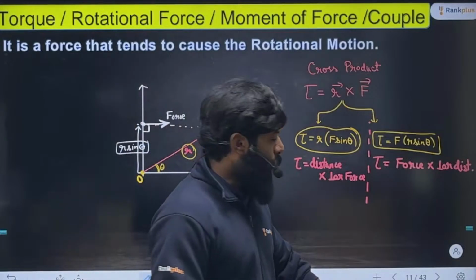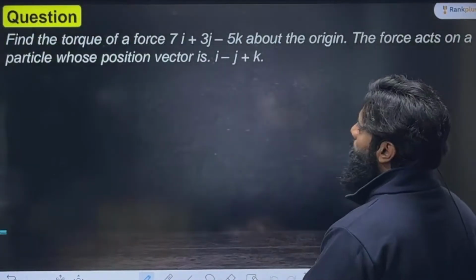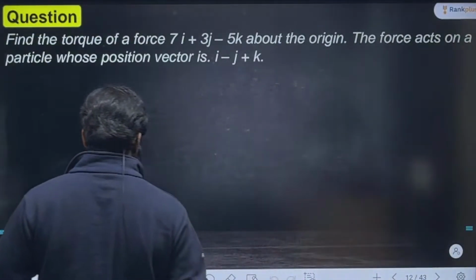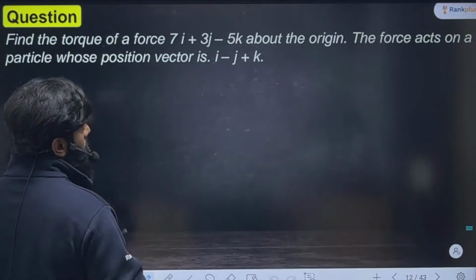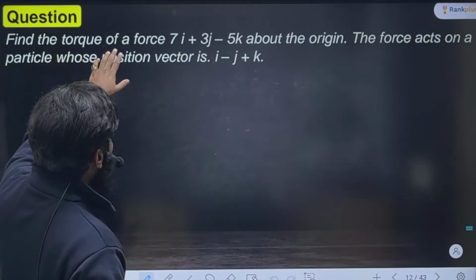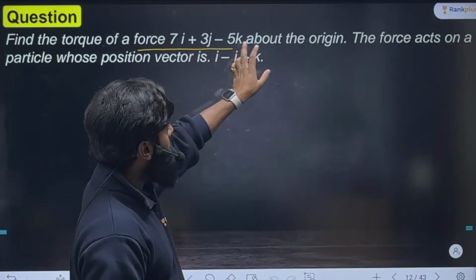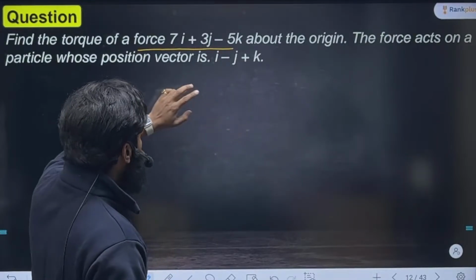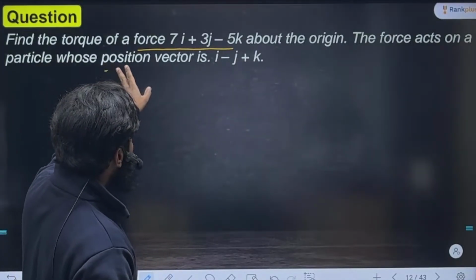Now let's solve questions. Here we have a question for you. Find the torque of a force about the origin. The force acts on a particle whose position vector is given to you.